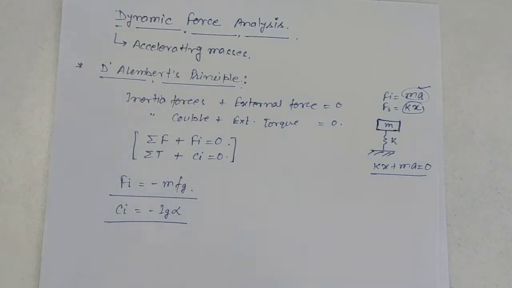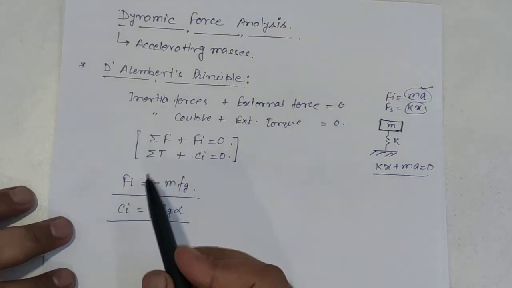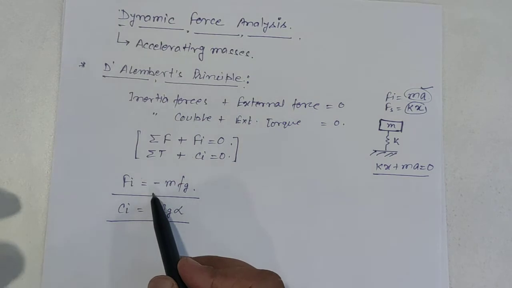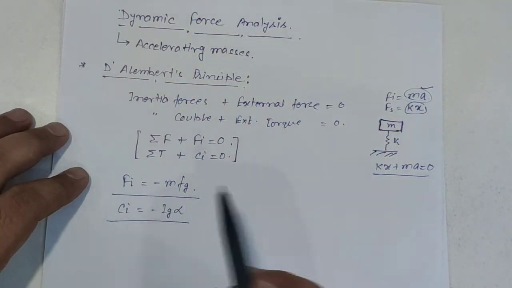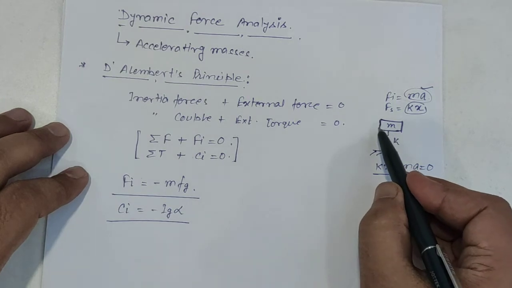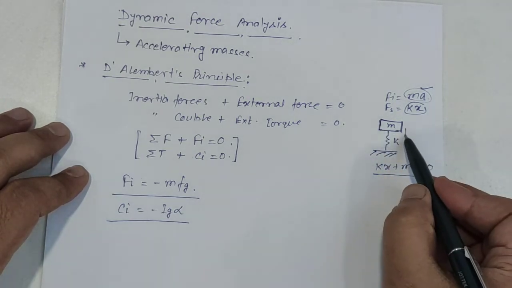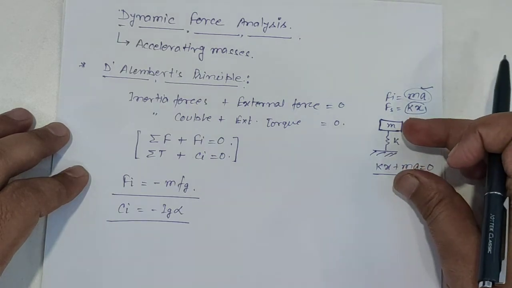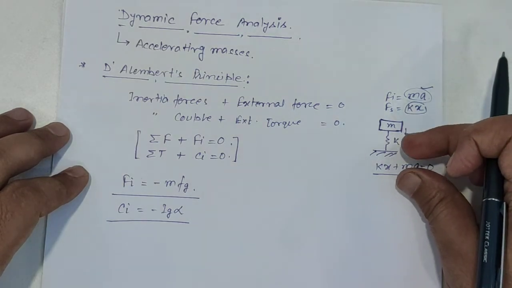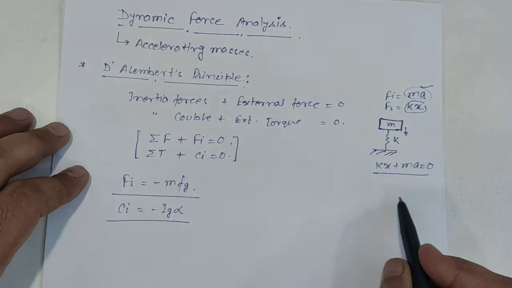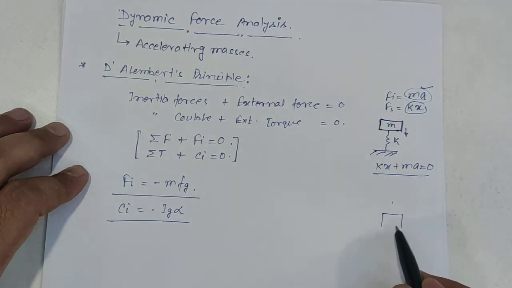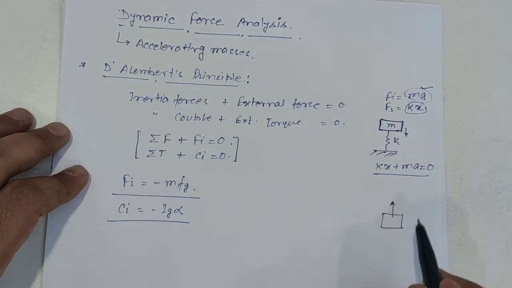The negative sign is coming because the inertial force is always opposite to the movement of the body. Let's say this body is moving in the downward direction. Now the spring is having compression, so it will oppose the compression. So the spring force on the body will act in the upward direction, that is kx.